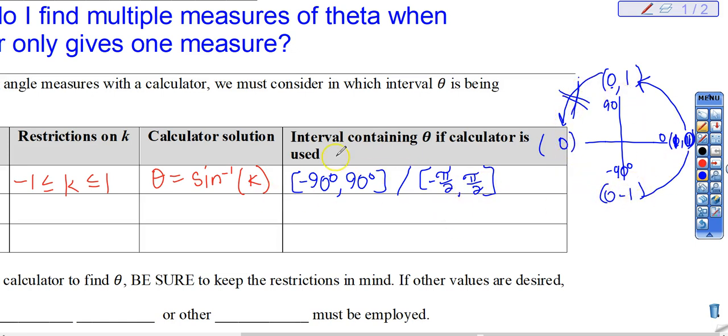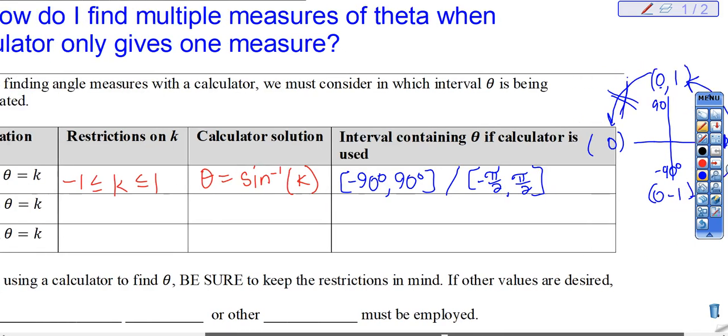So that is the interval from negative 90 degrees to 90 degrees where the calculator is going to give you an answer. So for the sine function, the calculator value for theta will be either in quadrant 1 if sine is positive or quadrant 4 if sine is negative.